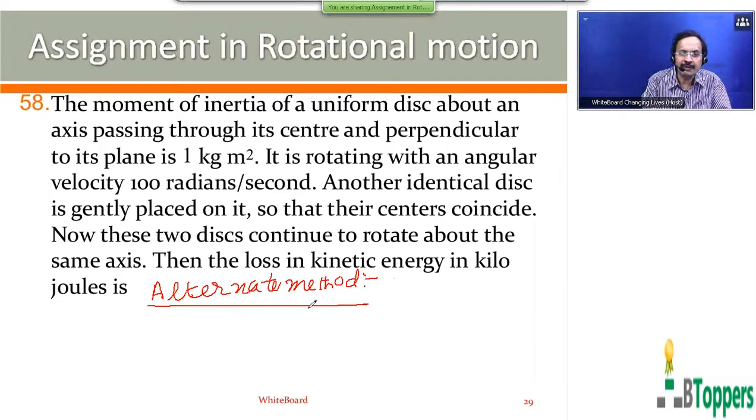I have discussed a similar situation earlier in translatory motion, in collisions.